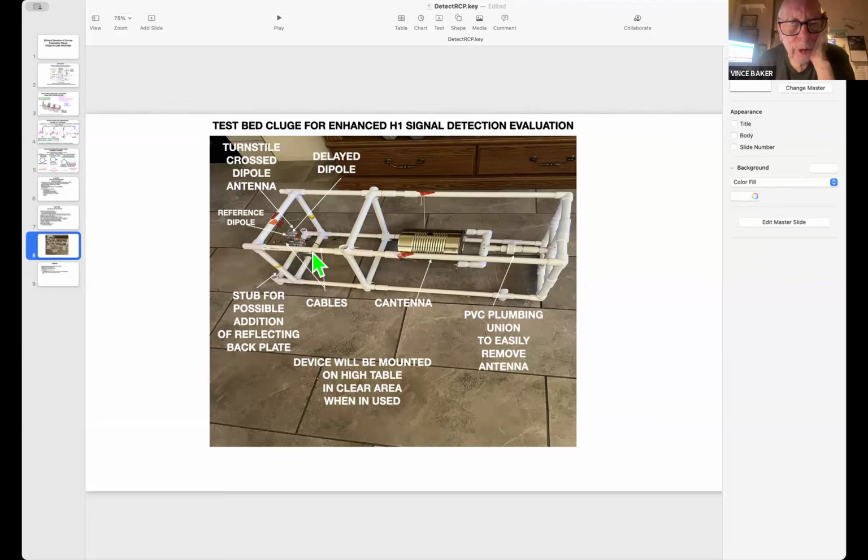For RG316, that's 3 inches. So this cable going here is 3 inches longer than the cable that goes there. And this is what I'll hook the S11 port of the nano VNA to.